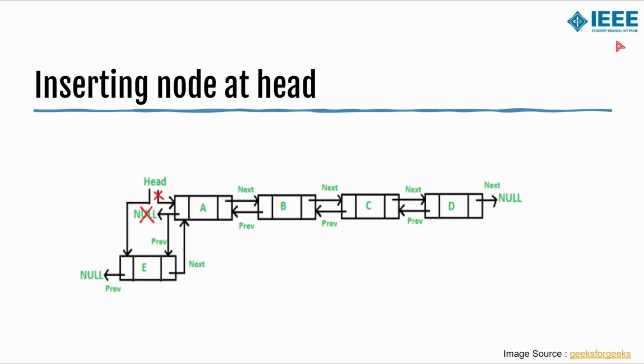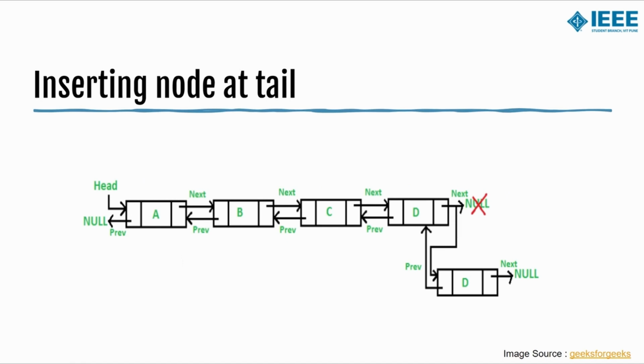Let us move on to inserting a node at the tail. We have created a function to insert a node at the head, but now we have to insert the node at the end of the linked list, that is at the tail. What we are supposed to do is traverse throughout the entire linked list and find the node which points towards null.